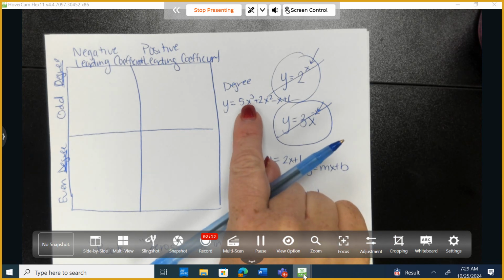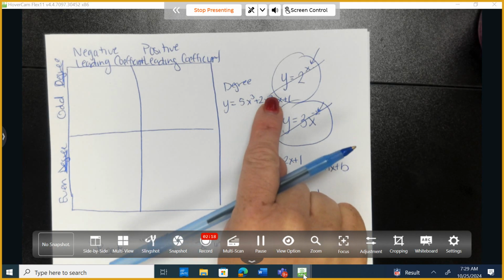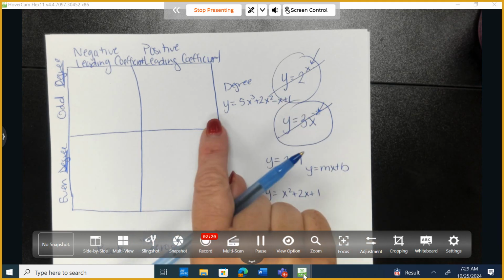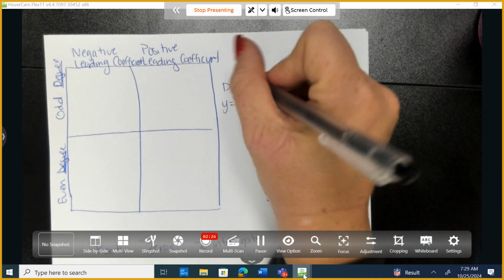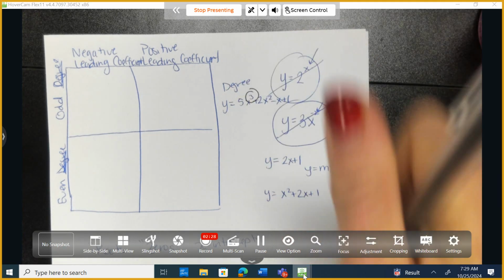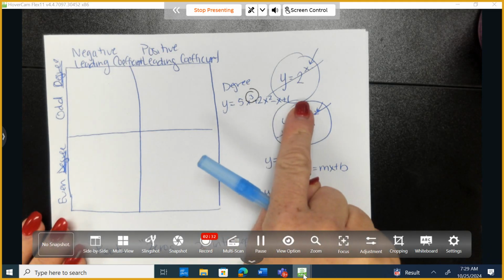They put the variable at the highest exponent followed by the variable with the next highest. So in this case it's x to the third, x to the second, x to the first, and x to the zero. So when they line up and make it pretty in standard form, we're going to look at what is the highest value in the exponent position on a variable. So in this case, we would say this is an example of degree 3.